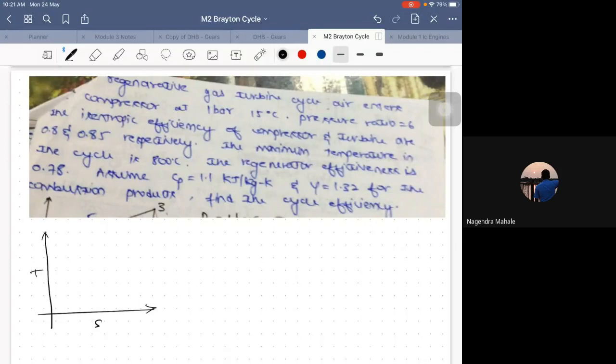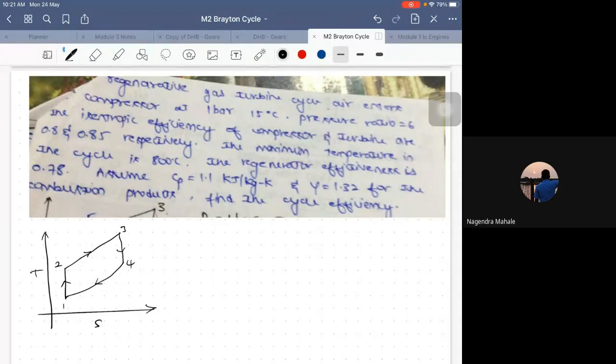Now, this TS diagram, how would it look? It would look something like this, right? So the processes 1 to 2, 2 to 3, 3 to 4, and 4 to 1. All these processes you know very well. Now, this is a regenerative cycle.